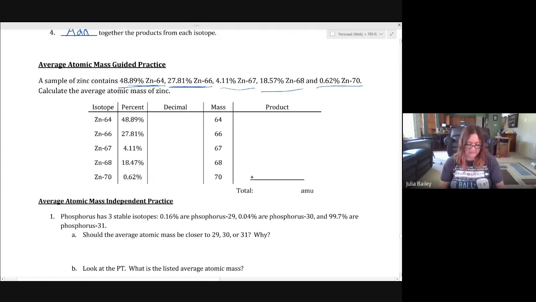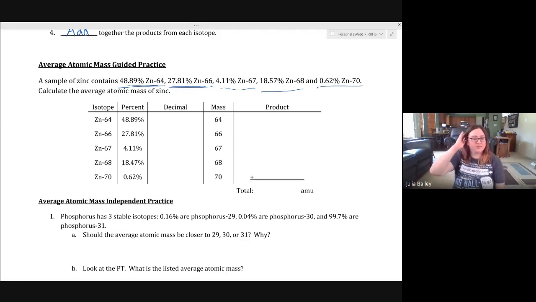And notice, where do these masses come from? They are right over here in your isotope notation. Remember that element dash number notation is telling you the mass number. So those masses came from the name of the isotope.